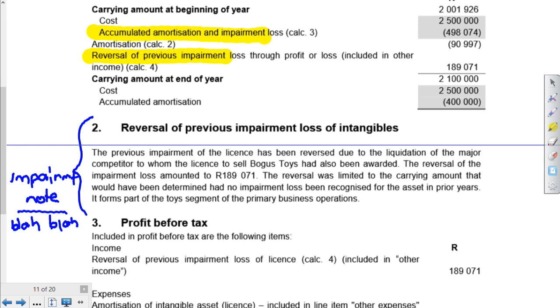In the previous one, they didn't show that note, but here you can see whether it's a reversal or whether it's just a normal impairment. If it's material, we show this note. Okay, impairment note, if material. They'd have to tell you in the question whether it's material or not, but err on the side of caution and rather put it in, isn't it?